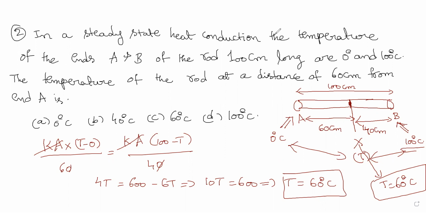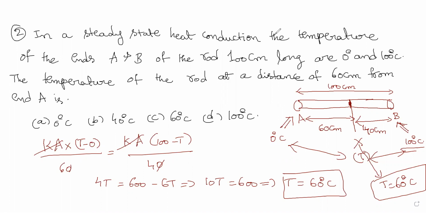So steady state is a situation where both ends are maintained at two different temperatures. Heat will be transported continuously. That's what we are talking about. It also says that you keep the end B at 100 degrees centigrade in boiling water, and you always keep the end A at 0 degrees centigrade in ice continuously.